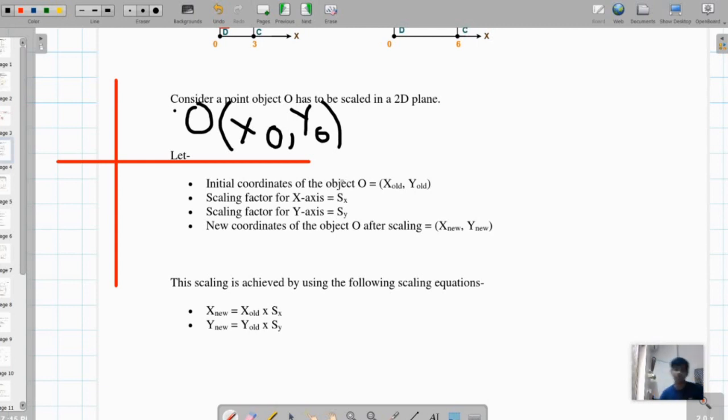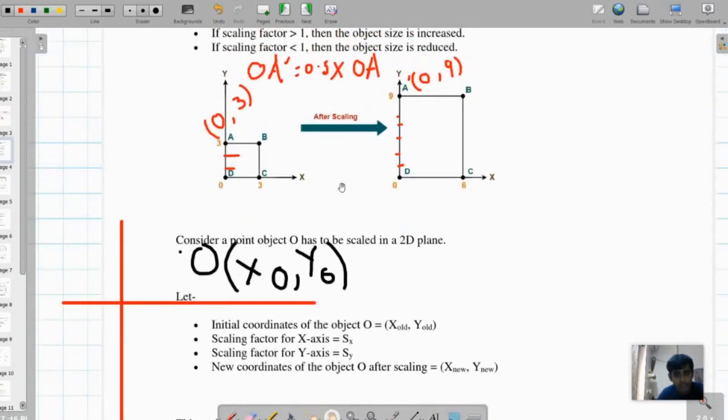Now let me move towards generalization. Rather than moving the factors in numerical terms, we represent them with some variables. Scaling factor for x-axis is Sx and scaling factor for y-axis is Sy. You can see that scaling factor along two different primary axes can be different, and this is evident from this diagram also.